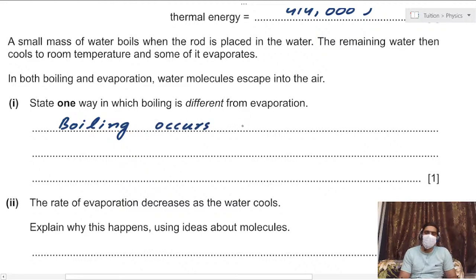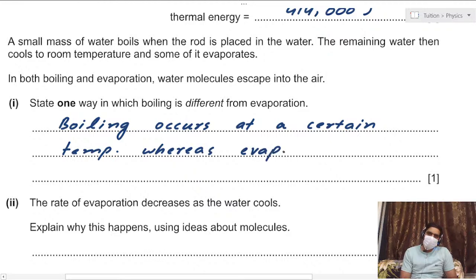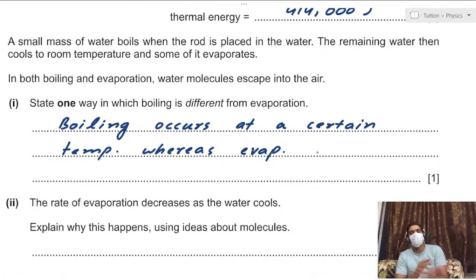Okay, very good. Boiling occurs at a certain or a specific temperature, whereas evaporation, okay, boiling occurs throughout the liquid. Yes, that's totally right, but try to relate it to a context. Try to be specific.